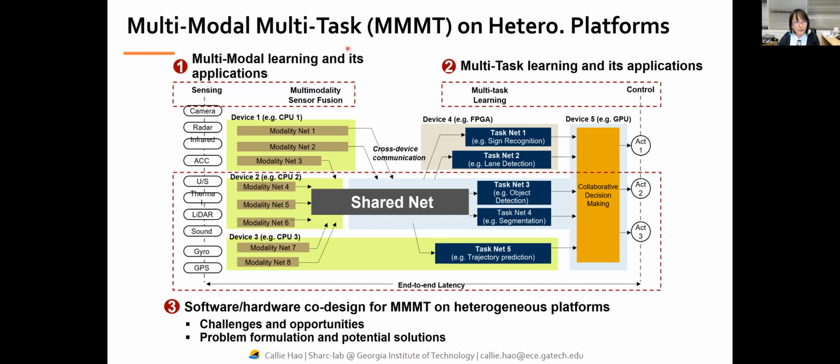And how to search for a good MMT model based on the platform you have is also very complicated. So this is exactly the best use case for software hardware co-design for MMT on heterogeneous platforms, especially for autonomous driving and autonomous systems. Again, I didn't put too much detail on this slide, but if you're interested, please email me and we can share more information later.